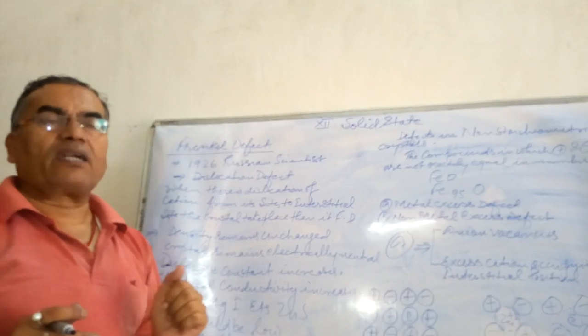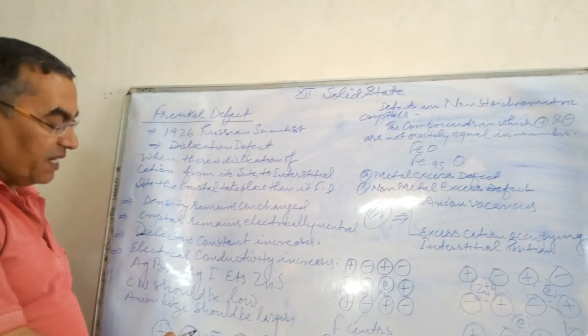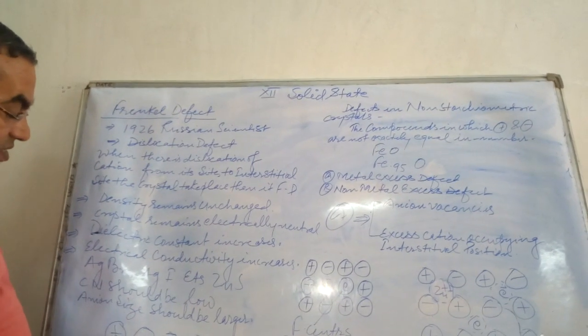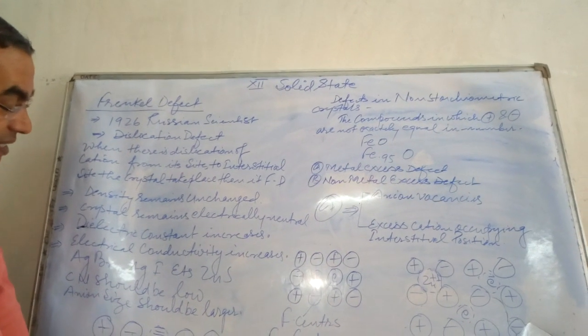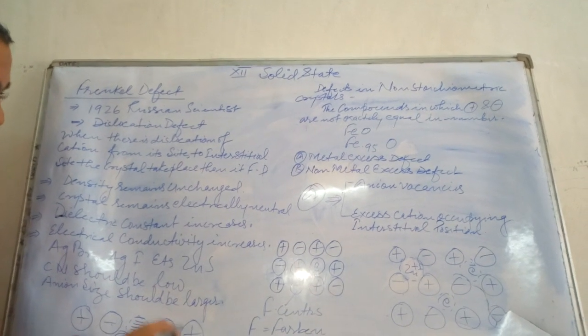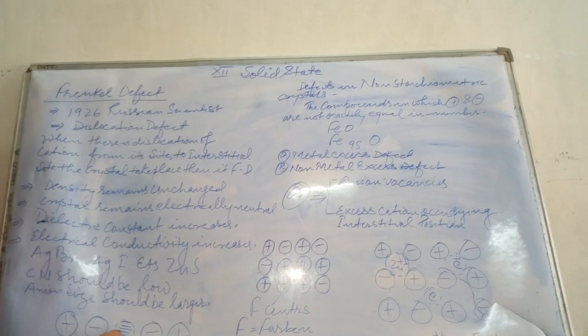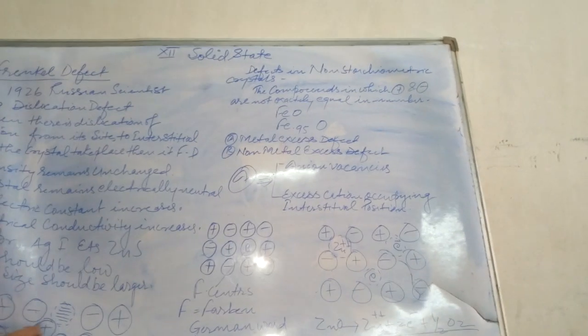Now what is Frenkel defect? In Frenkel defect, children, there is a dislocation of a cation into an interstitial site. You know, in an ionic crystal there is the arrangement cation, anion, cation, anion, likewise. But suppose a cation leaves its position, leaving its hole, and shifts towards the interstitial site.